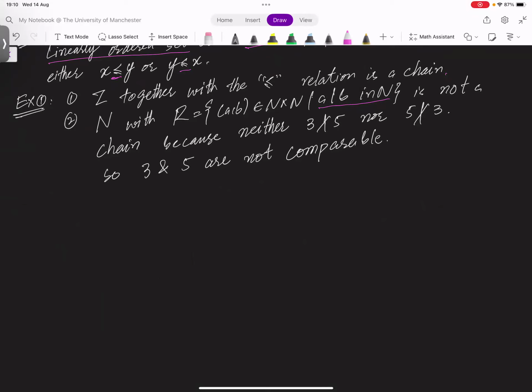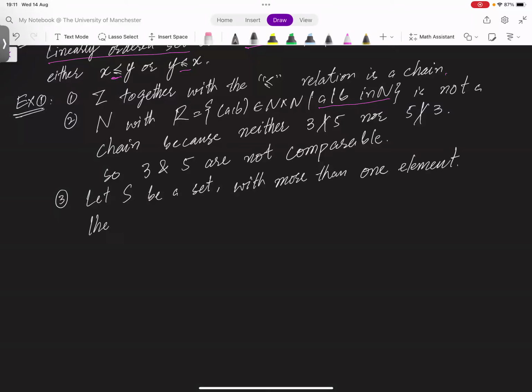Okay, number 3. We have a set S with more than one element, so the set S has at least two elements.